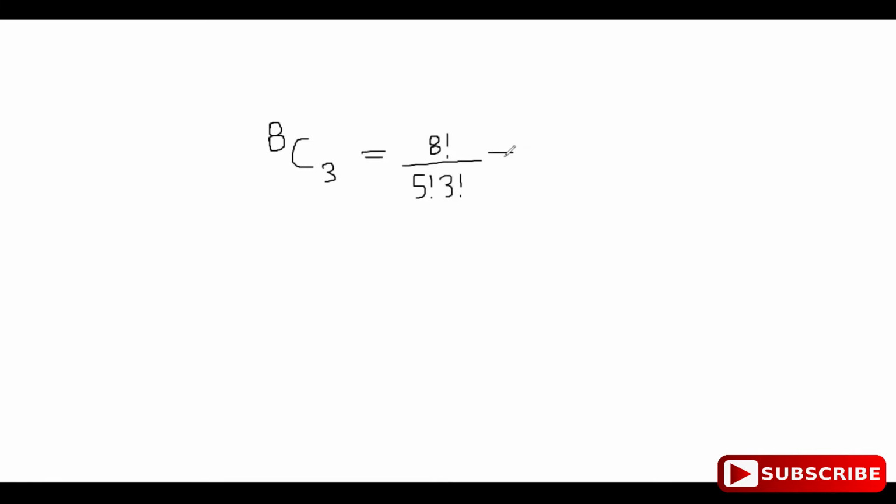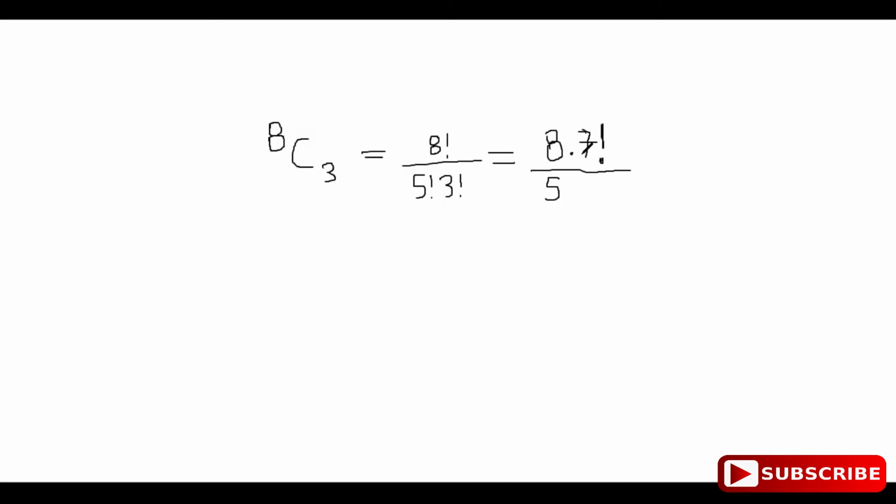Now look what I'm going to do. I'm going to write this 8 factorial as 8 times 7 factorial. Why do you multiply by 7? I multiply by 7 factorial.